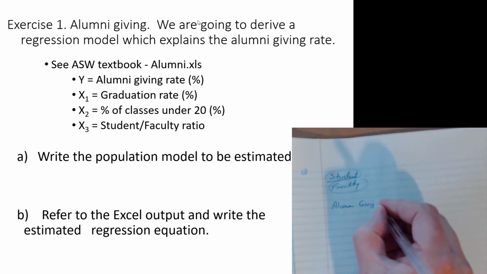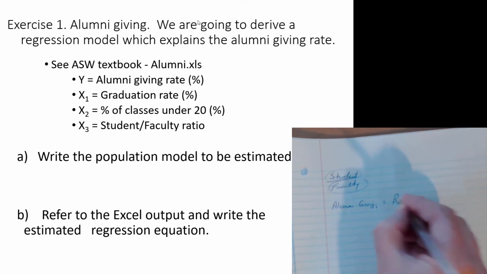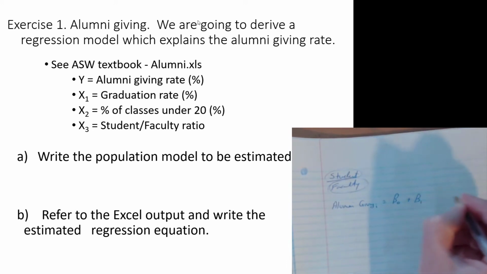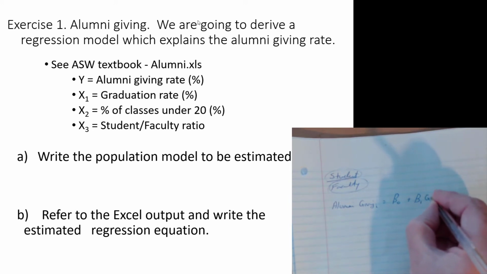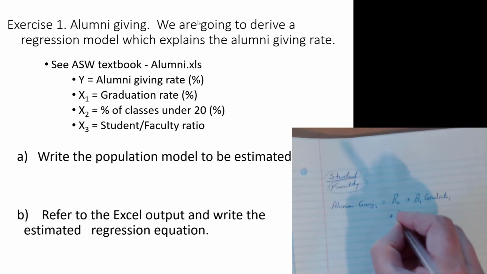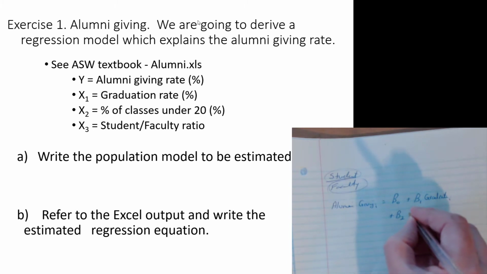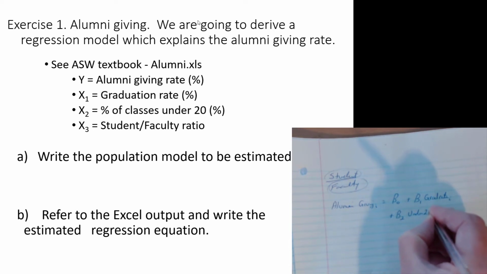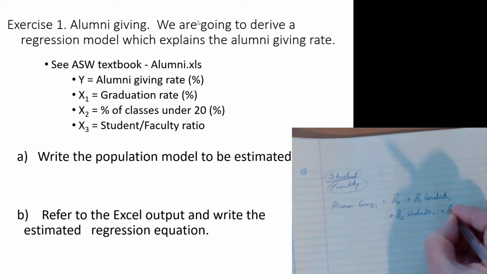That's going to be a model, so it might be per individual, and there'll be an intercept plus a first coefficient, but then we have a name for the x now, grad rate for a particular student, plus beta 2, again Greek letters, and I'll just call this under 20, so you want to make it somewhat easy to relate to, and then plus beta 3, the student-faculty ratio, and then plus, because it is at the end of the day a model, not an equation, a little epsilon.